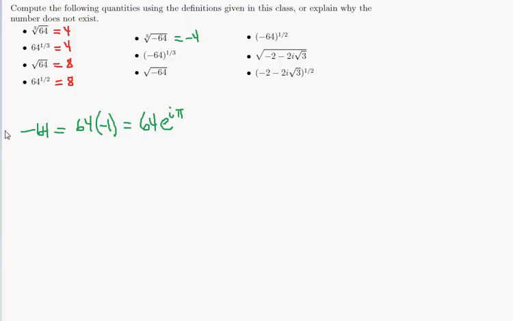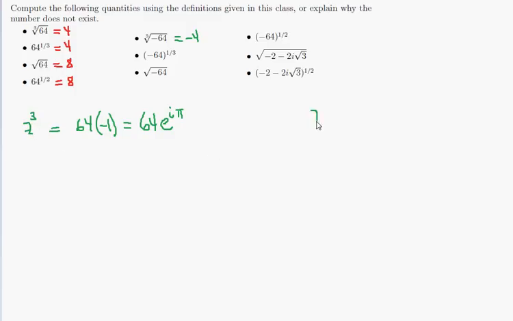And so I'm trying to solve z cubed equals 64 times e to the i pi.